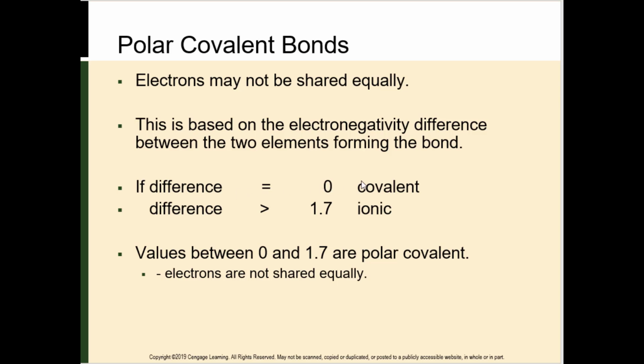If the difference is equal to 0 or less than 0.5, we call it a nonpolar covalent bond. And covalent can also be polar covalent, which is anything less than 1.7. If it's greater than 1.7, then it is an ionic bond.